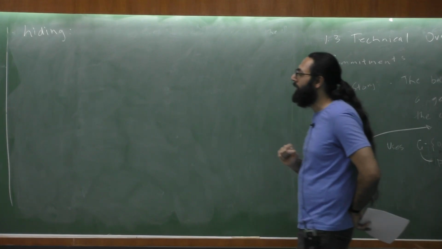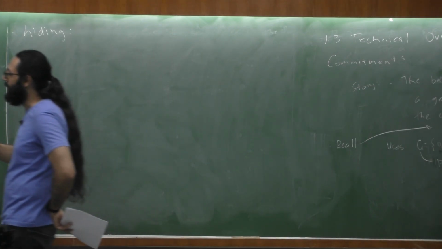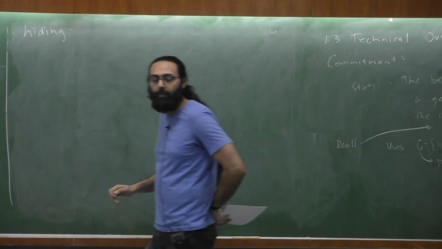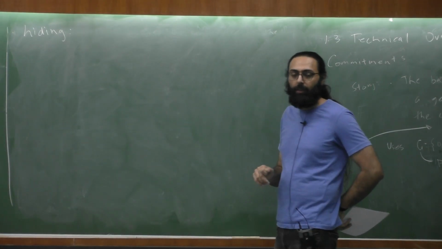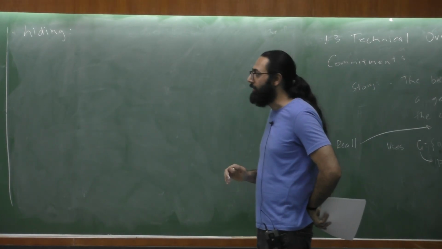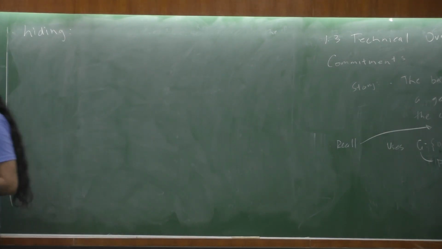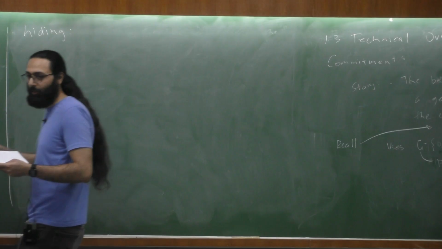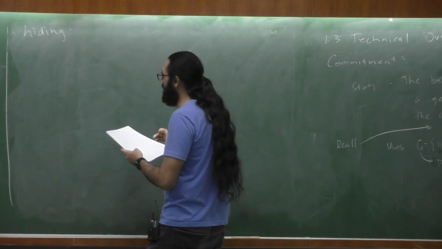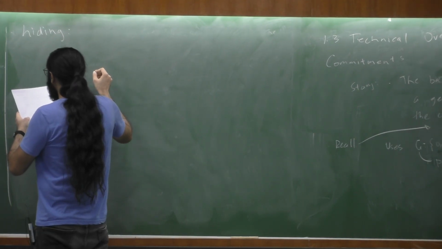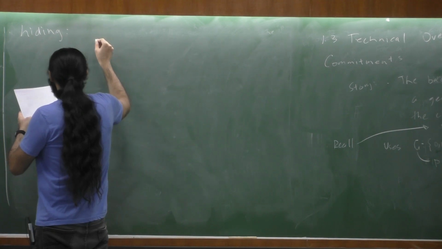So hiding is, remember that the receiver should not be able to learn the message B. Right. Okay, so we're going to have to use the fact that this G(S) looks random, right? And you can only use it if you assume that the receiver is bounded. So this is sort of clear, right?